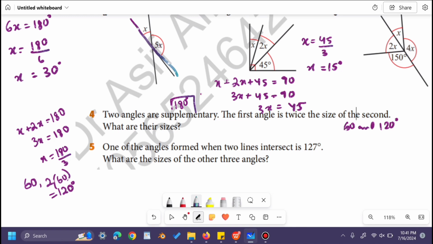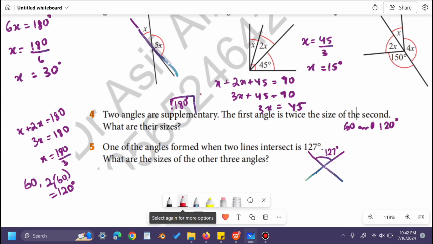Question number 5. One of the angles formed when two lines intersect is 127 degree. What are the size of the other three angles? So they are basically saying कि एक लाइन है ऐसी और उसको एक इंटरसेक्ट कर दिया है, you can see, और वो कहते हैं कि ये एंगल 127 डिग्रीज है। Now if you look closely you can see this is basically a cross, so that means एक एंगल मैंने बनाया है जब दो लाइंस इंटरसेक्ट करती हैं आपस में और वो 127 डिग्री बनाती हैं.